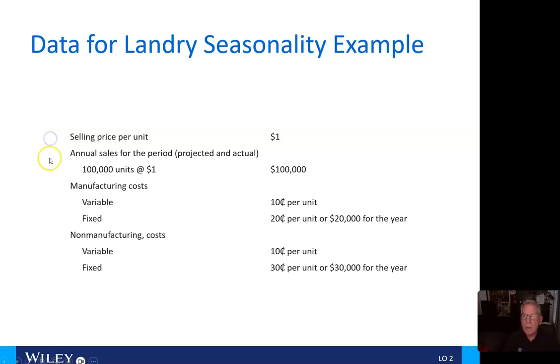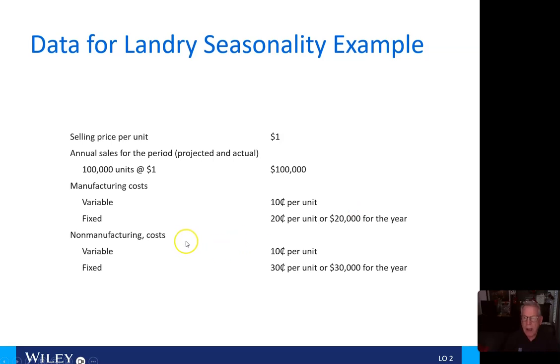unit of $1. We had annual sales projected and actual of 100,000 units at $1 each for a total of $100,000. Our manufacturing costs are variable of 10 cents per unit and fixed costs of 20 cents per unit, or $20,000 for the year as fixed costs.